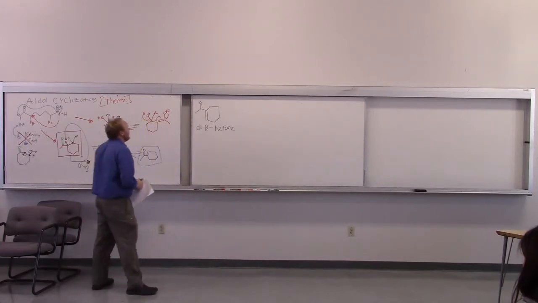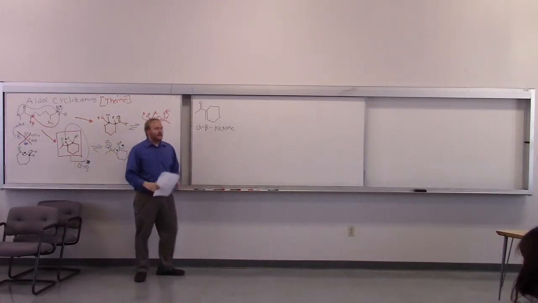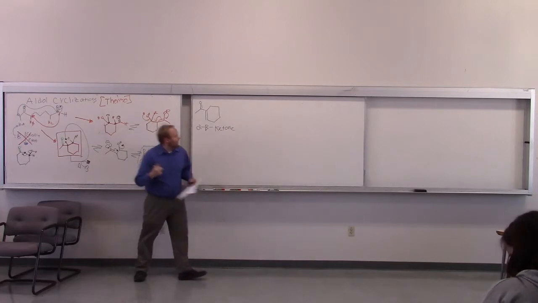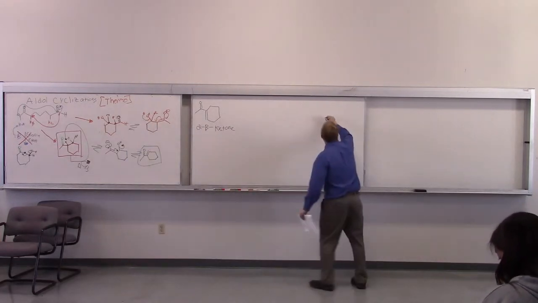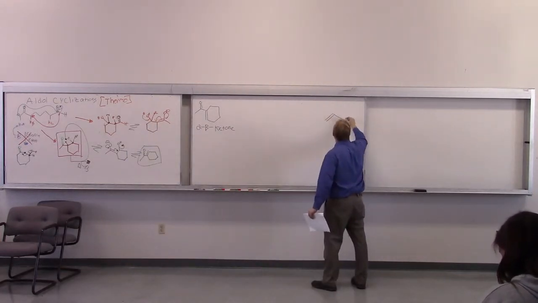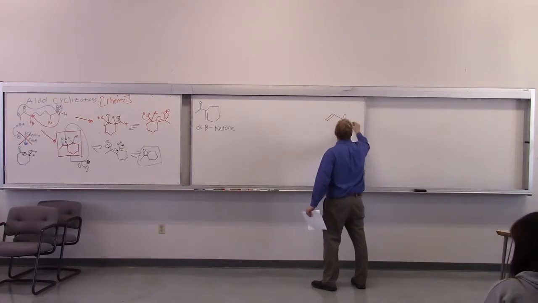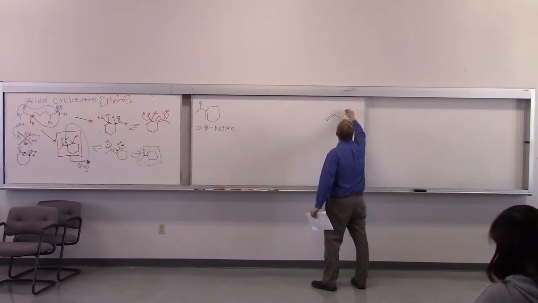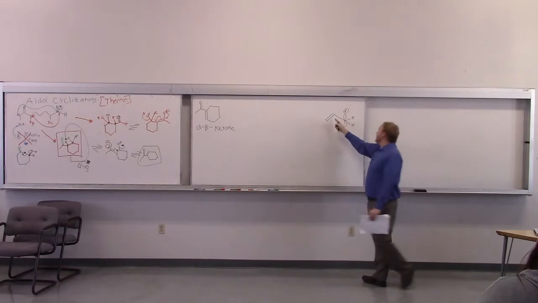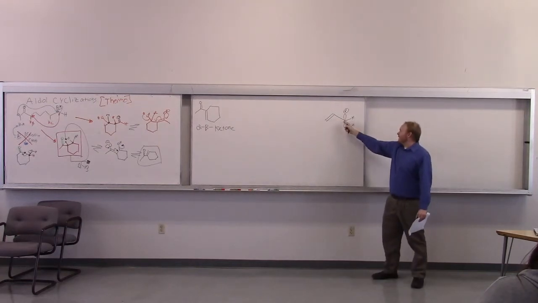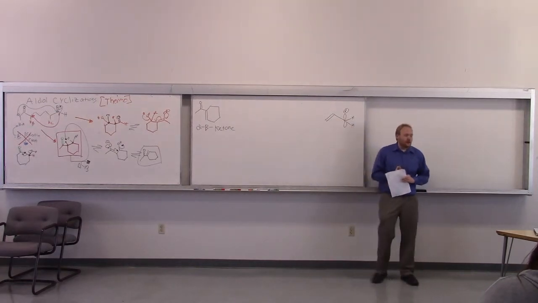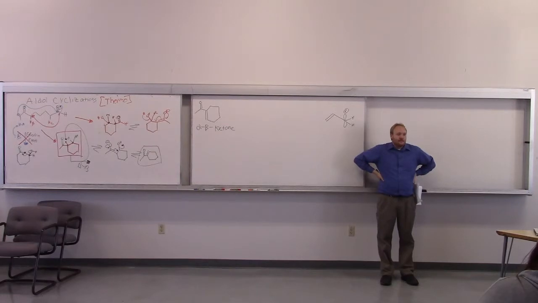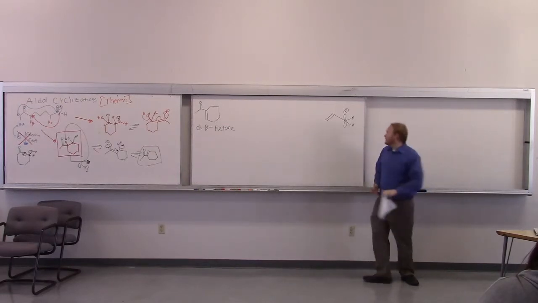And this is not all that different from having an allyl cation. From previously in the class, when we had a double bond in conjugation with a positive charge, what did that mean? It means we had resonance.